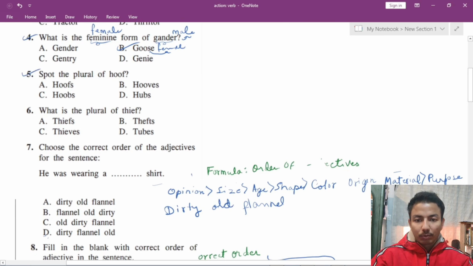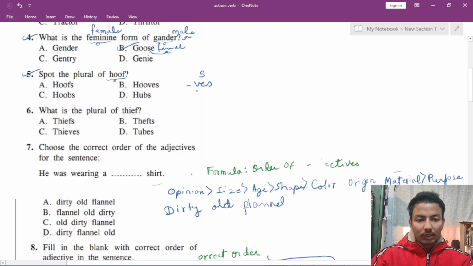Okay, next, spot the plural of hoof. When we want to change anything from singular to plural, we normally add s at the end, but for some of these words we have to use ves. These are known as irregular nouns. For these kinds of words, there are a limited number that we must remember.